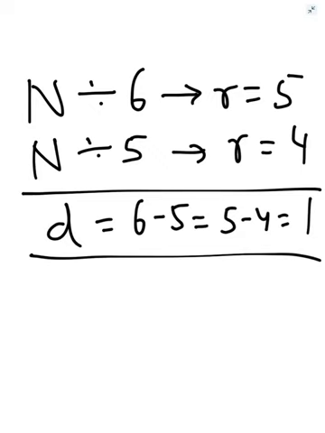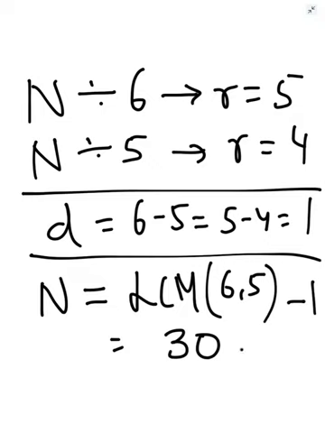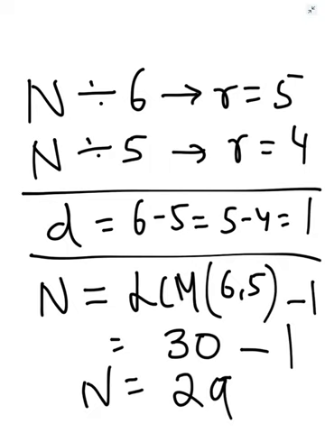So now how to get the smallest value of n possible? First I will take the LCM of 6 and 5, and then subtract this difference 1. The LCM of 6 and 5 is 30, minus the difference 1. The smallest value possible of n is 29.